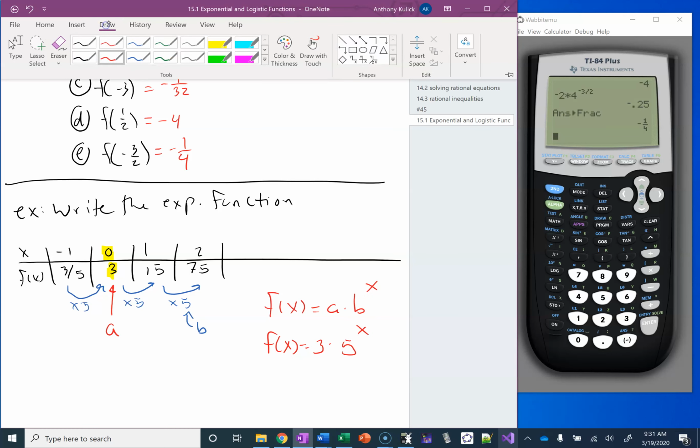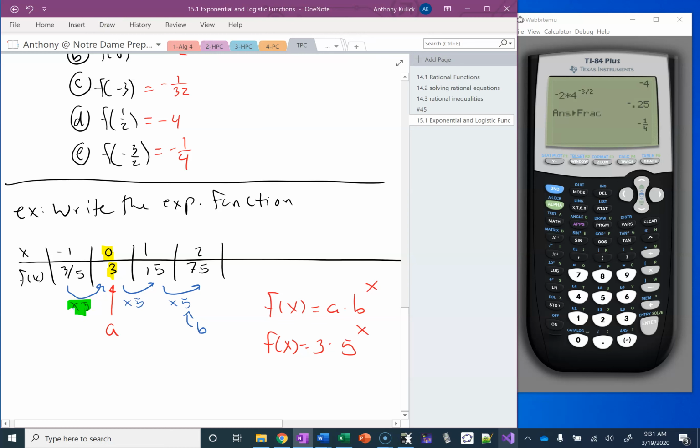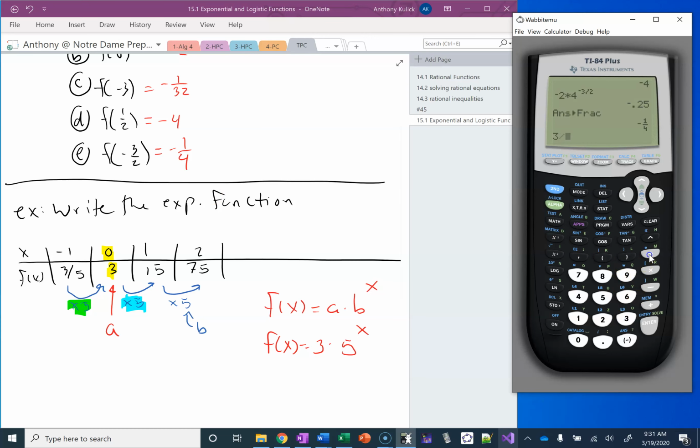And again, if you don't see this multiplicative factor right away, you should definitely see this one. And if you see that one, you can just use that to check the other ones, right? And you could just check on your calculator or something if it doesn't look like an easy problem in your head. So like 3/5 times 5 does give me 3.